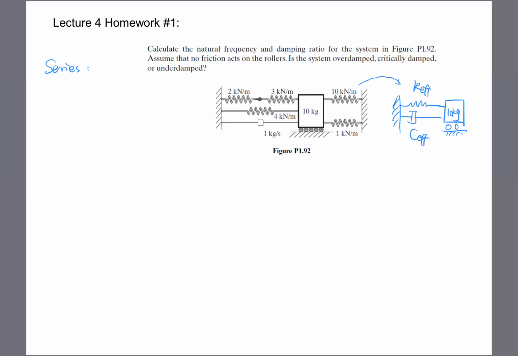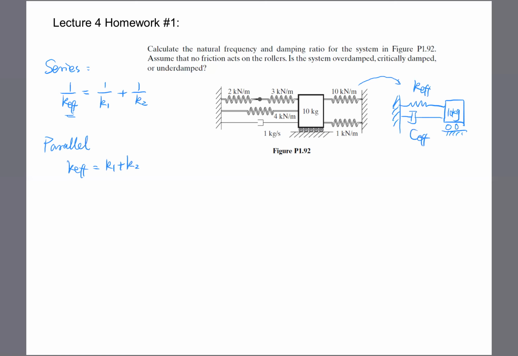When you have 2 springs in series, that's the relationship for your K effective. If you have 2 in parallel, then your K effective is the sum of these two springs.